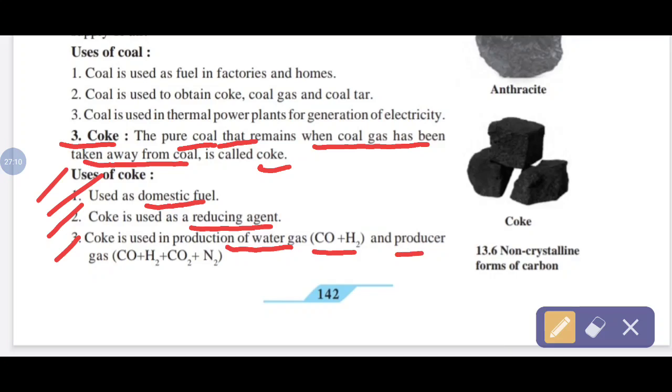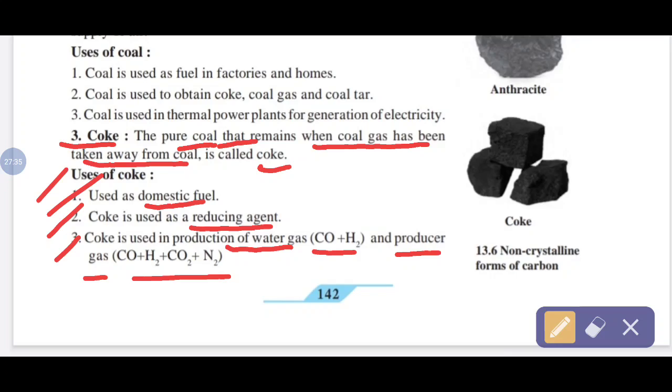And producer gas. What do you mean by producer gas? A mixture of CO, carbon monoxide, plus H2, hydrogen, plus CO2, carbon dioxide, and plus N2, nitrogen. So a mixture of all these gases is the producer gas. So these are the three uses given here.